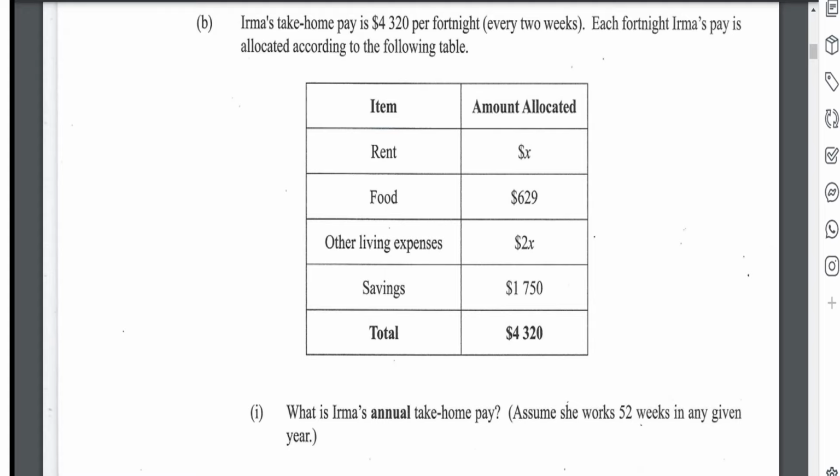In this column called item, rent, food, other living expenses, savings, and total.